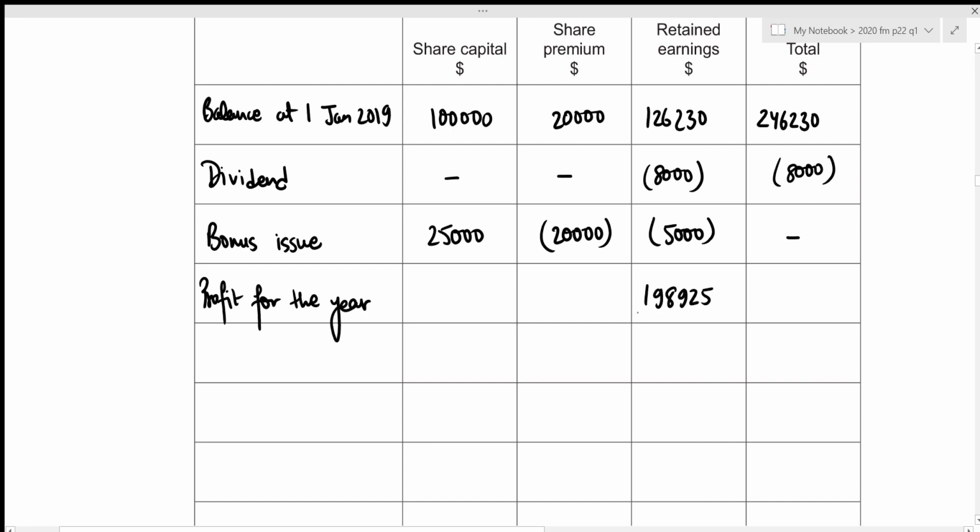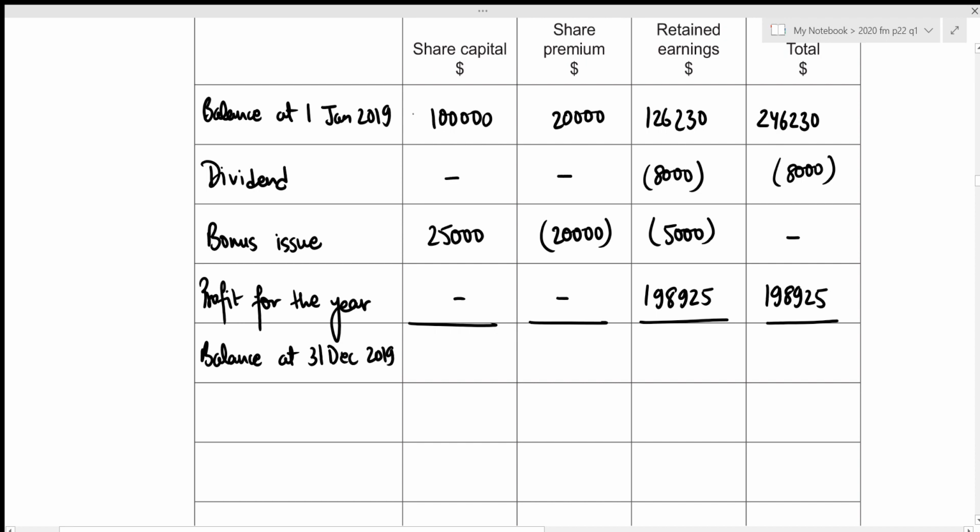And profit for the year does not affect share capital and share premium at all, which means that the total is also going to remain the same. Now we can move towards figuring out the balance at the closing date. So that's going to be balance at 31st December 2019.